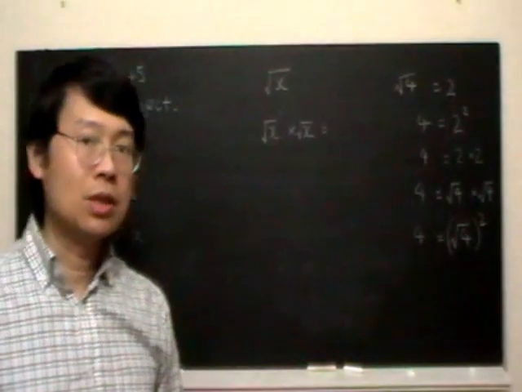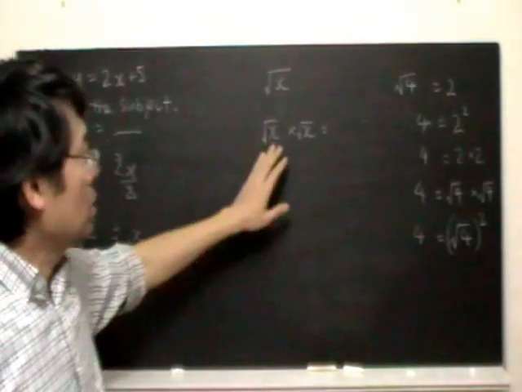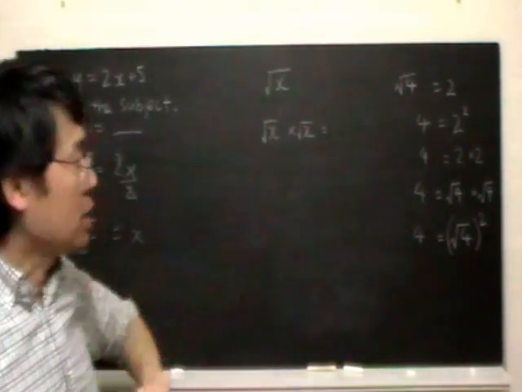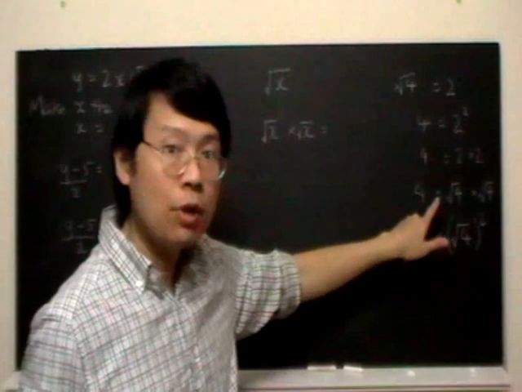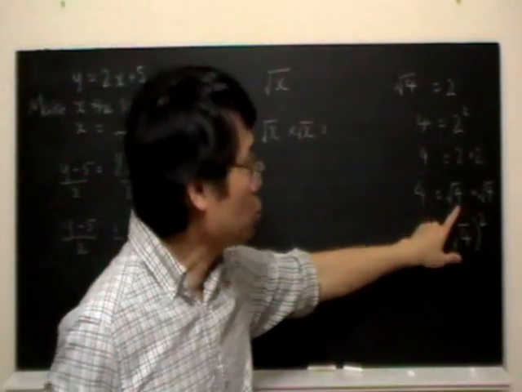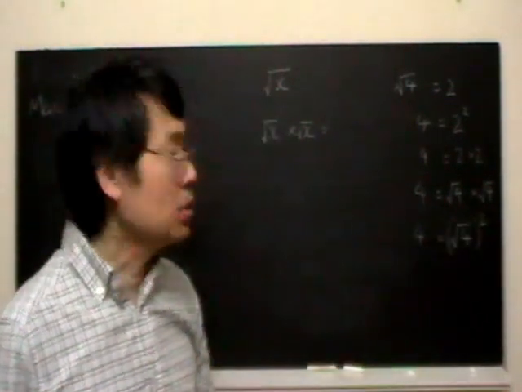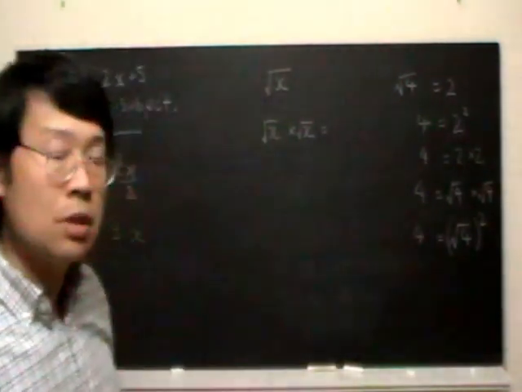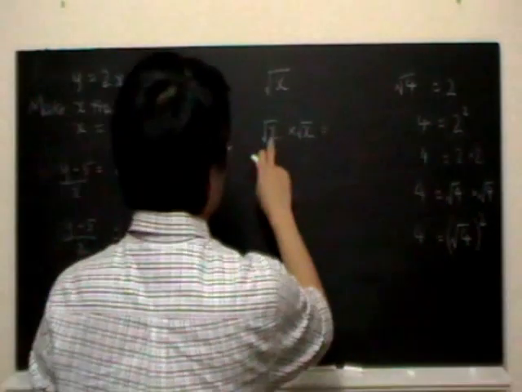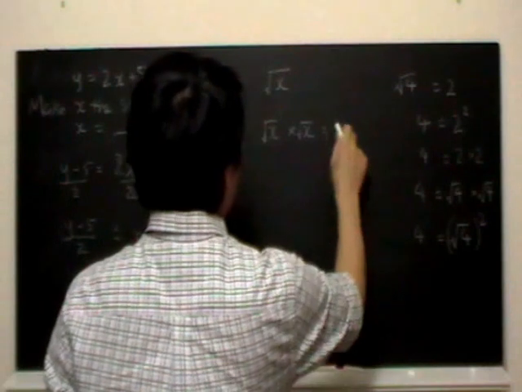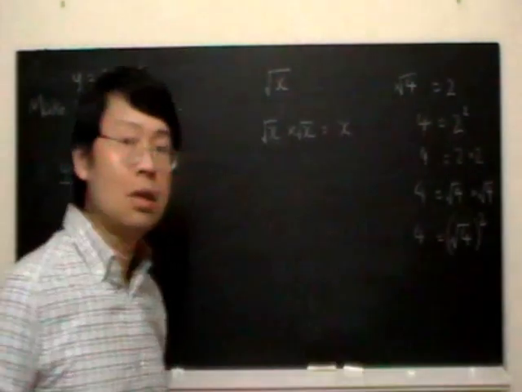What do you think the answer is? It is not very obvious just by looking at this, but if you look at what we do with numbers, square root of 4 times the square root of 4, you get back 4, then it's quite obvious that root x times root x is x.